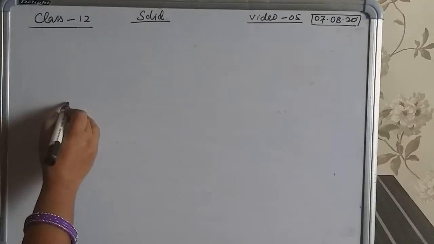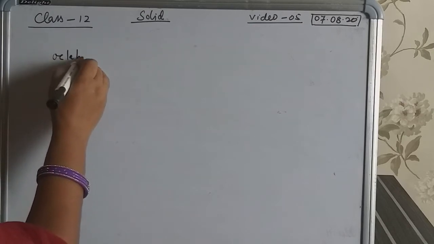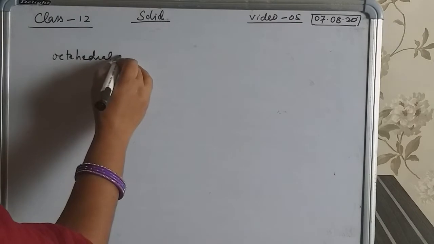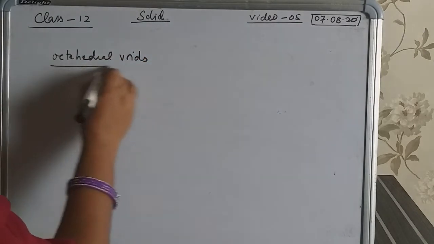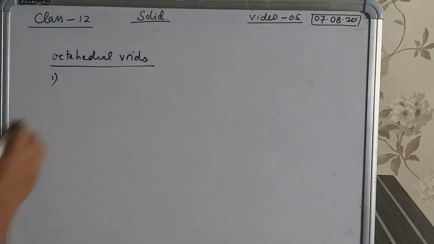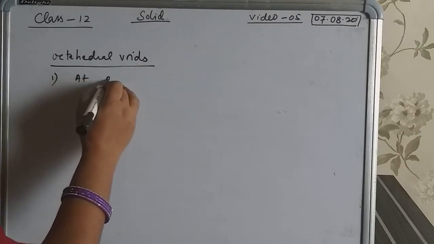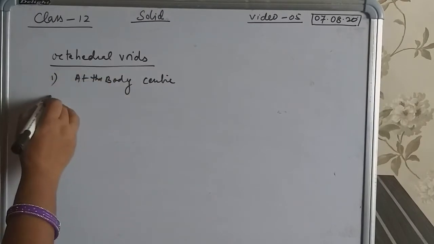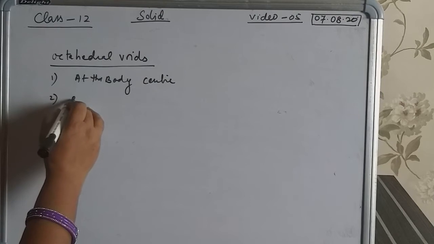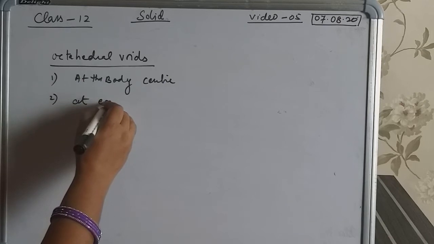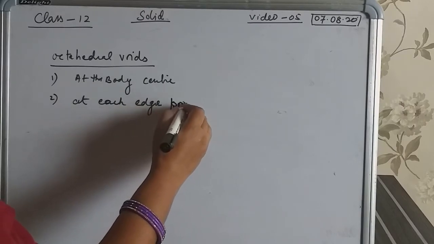About the octahedral voids: at first, one octahedral void is present at the body center, and others at each edge center.